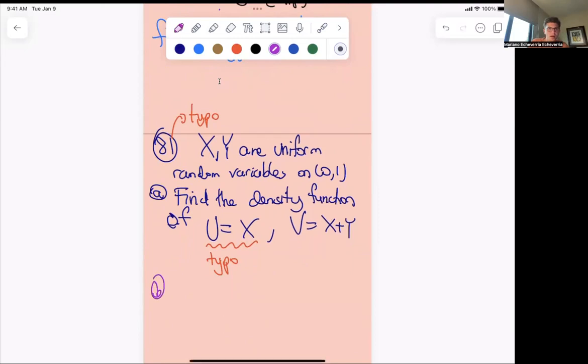And then part B was to compute the density function of just V. And here I think it should say joint, which is on the PDF, so that's okay.